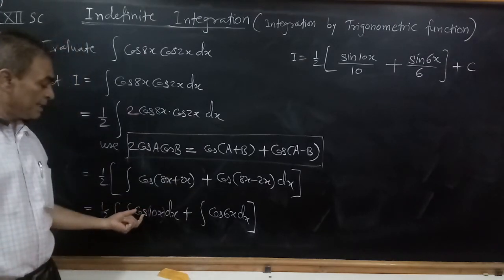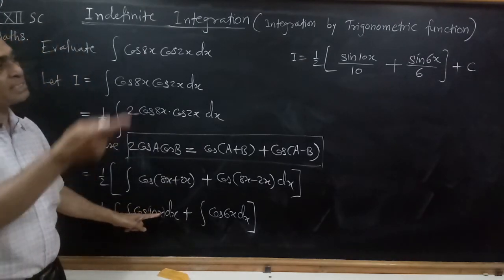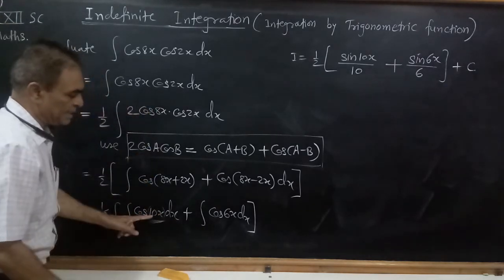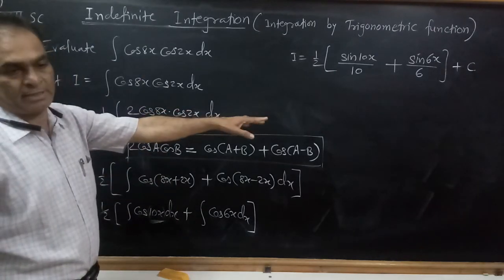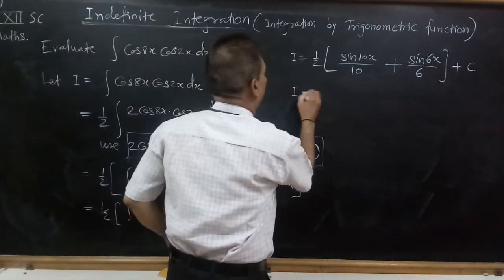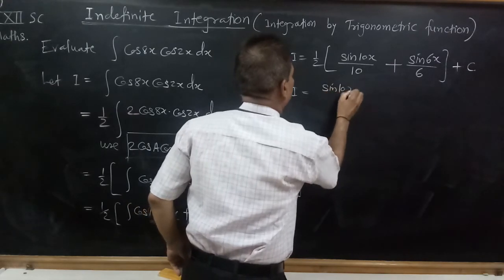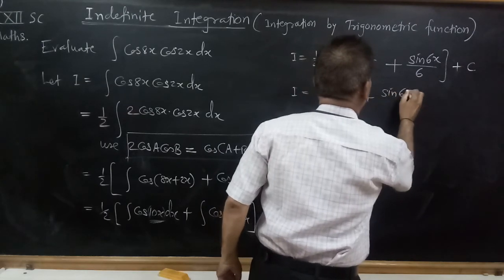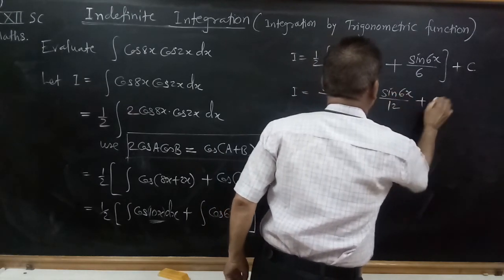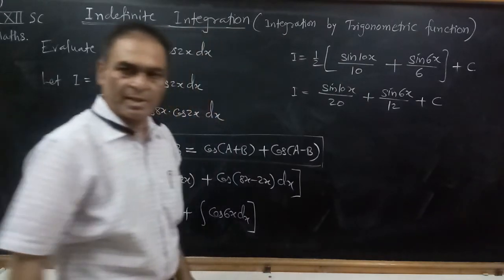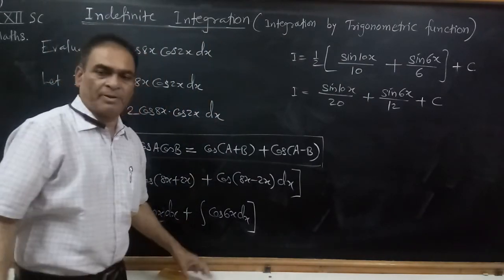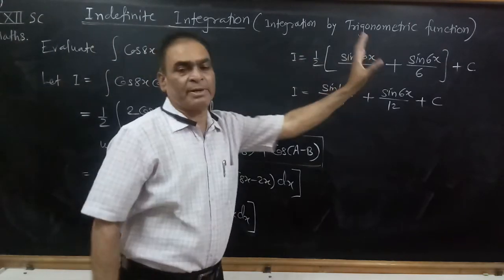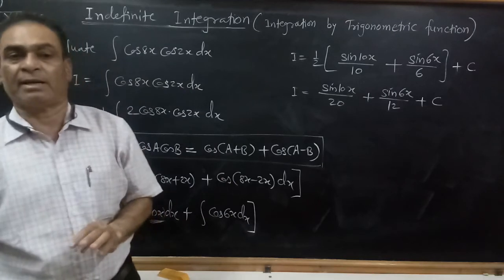But here integration of cos 10x means sin 10x and divide by the derivative of this quantity. Derivative is 10, divide by that quantity. Means your final answer: I equal to sin 10x divided by 20 plus sin 6x divided by 12 plus some constant of integration c. Got it? Everybody? Okay, this is the integration by trigonometric function. This is the second method of integration.